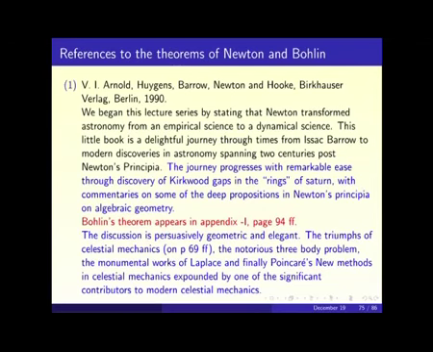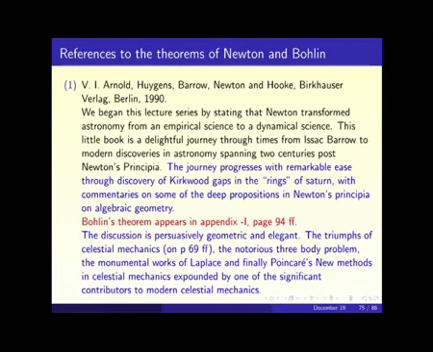The journey progresses with remarkable ease through the discovery of the Kirkwood gaps in the rings of Saturn, with commentaries on some of the deep propositions in Newton's Principia on algebraic geometry. Bohlin's theorem appears in the appendix, page 94. The discussion is persuasively geometric and elegant.